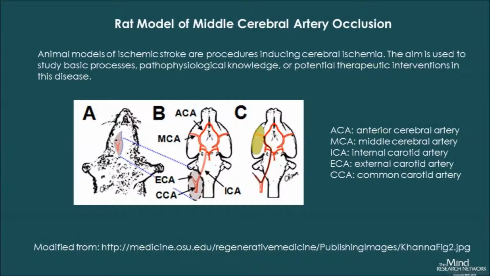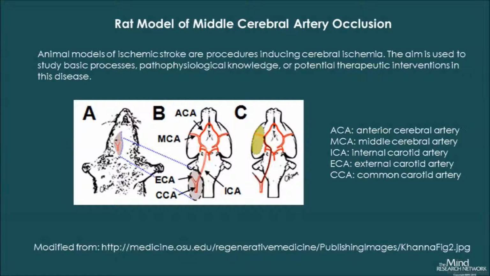Before moving to the final part, I would like to briefly introduce the rat model of middle cerebral artery occlusion surgery, because probably there are lots of engineering or computer science people in this room. The animal model of ischemic stroke comprises procedures inducing cerebral ischemia. The aim is to study basic processes and gain physiological knowledge of potential therapeutic interventions in this disease.